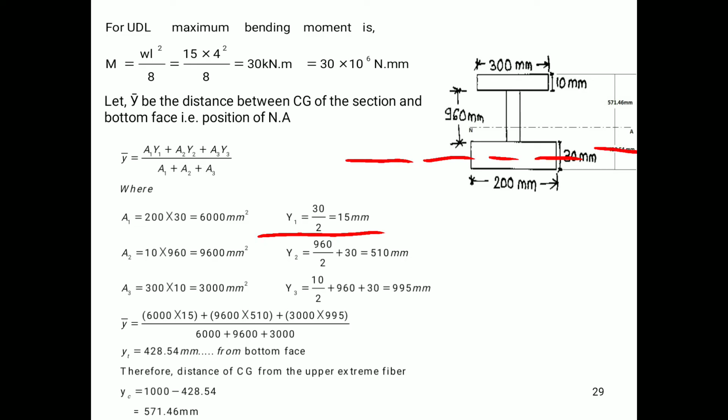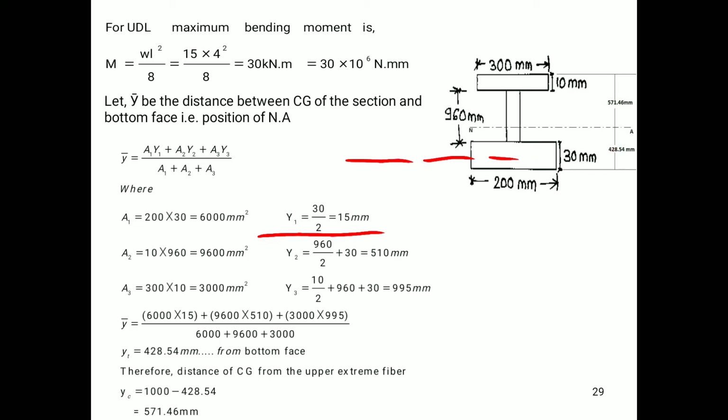Therefore, as the depth of our section 1 is 30 mm, its half is y1, so it is 15 mm. Remember that this is a very important concept to find out the value in the flexural formula, to find out the maximum bending moment and the maximum bending stress. The value of y1 we have found in this manner.